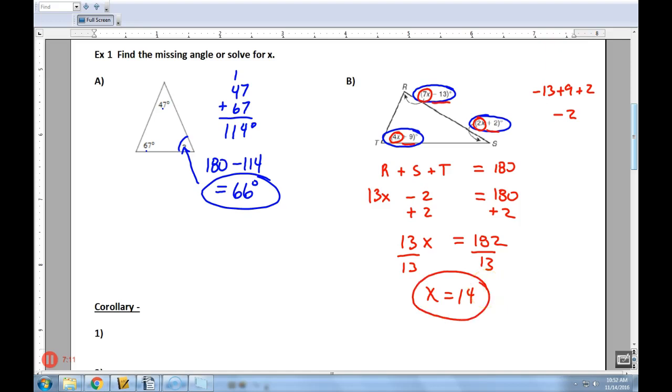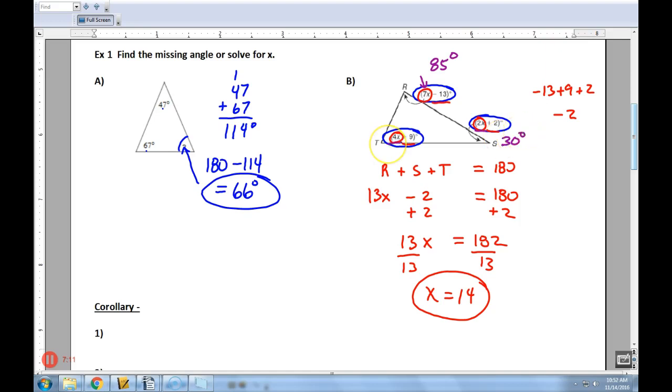X is 14. Now if I wanted to find all the missing angles, I could just go back now and substitute 14 in. So for instance, in this angle, 7 times 14 is 98. Take away 13, that's 85 degrees. If I do this one, 14 times 2 is 28. This would be 30 degrees.